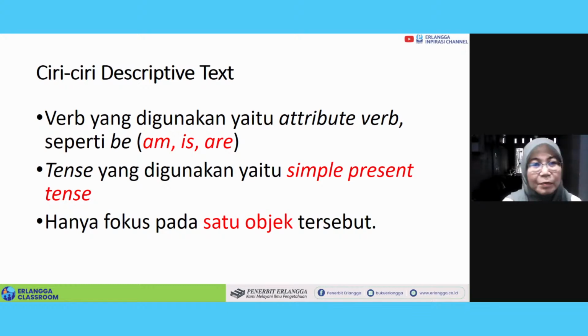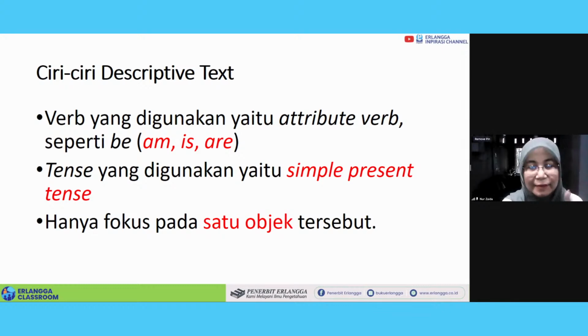The first is that you must use the verb in present, like am, is, are, or what we call attributive verb. And then the tense is usually simple present tense, and generally descriptive text focuses on one object. So the example is Nakuru, a village, just one village.